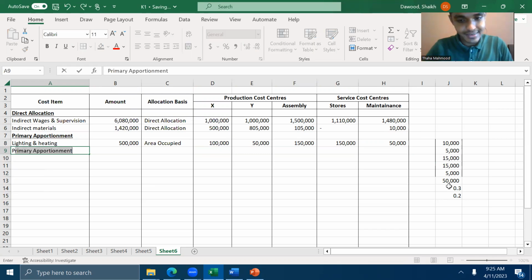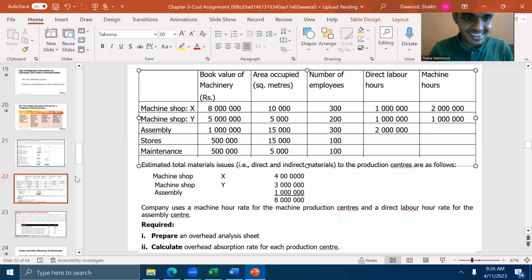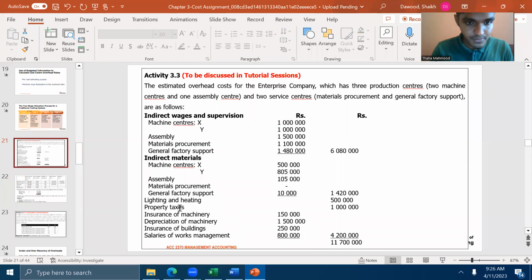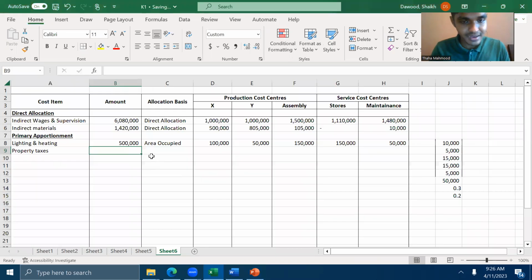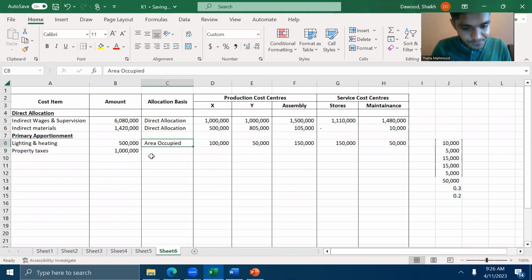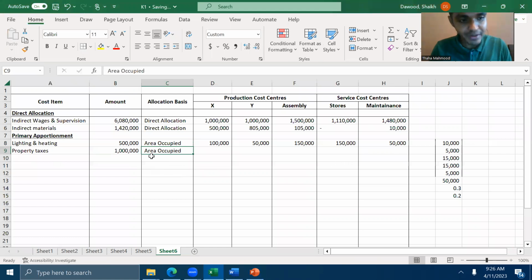Property taxes. It's a waste of time to go through it all because you all know this already. Property taxes, 1 million. That also we can allocate based on the area occupied, because the larger the property, the more taxes you have to pay.